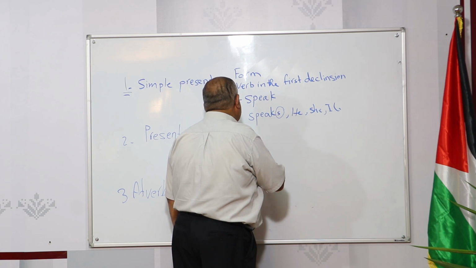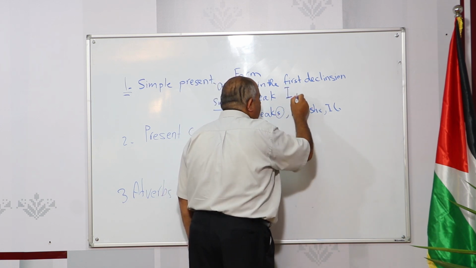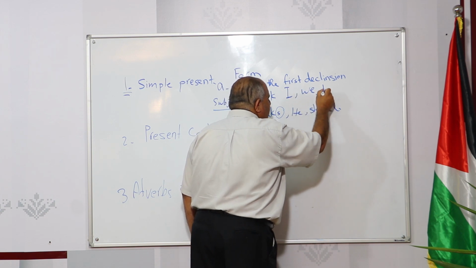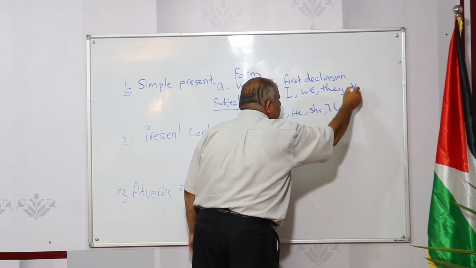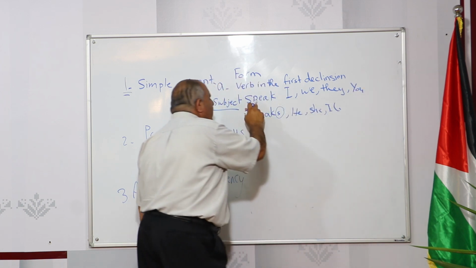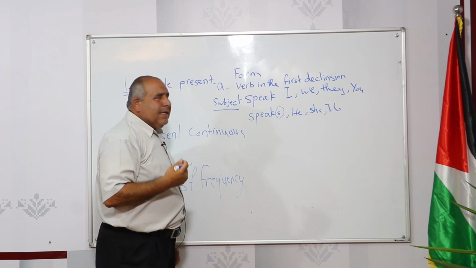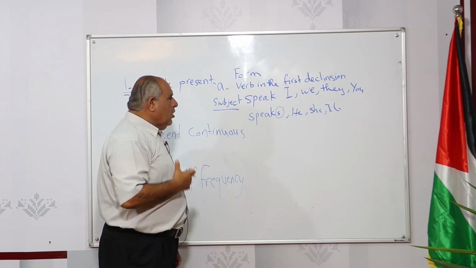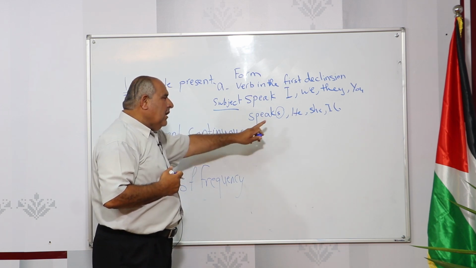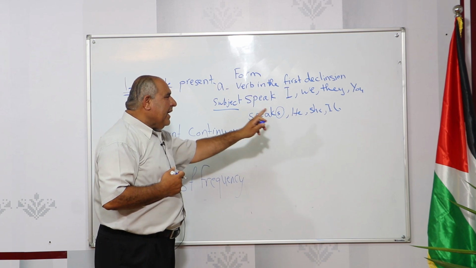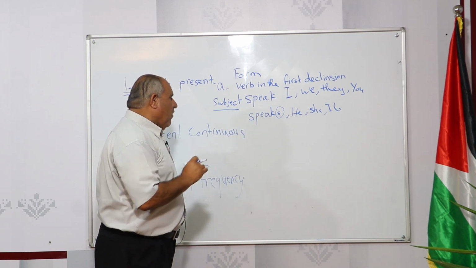But if the subject is something else, I, we, they, or you, all of these take speak. We say I speak, we speak, they speak, you speak. We say he speaks, she speaks, it speaks, and so on. This is about the form.